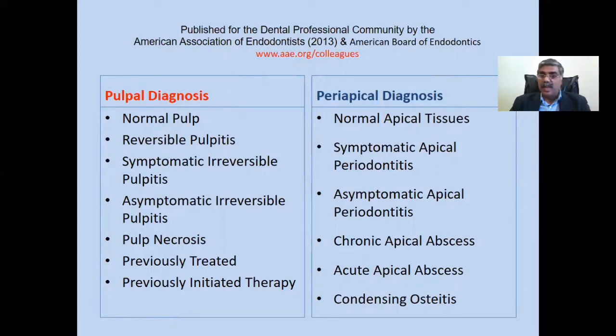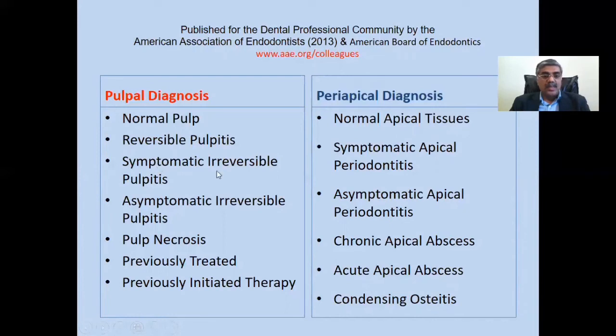So what is reversible pulpitis? When a thermal stimulus in the form of cold or heat is applied, there will be a transient painful response which will last for a few seconds and then subside. When the stimulus is removed, usually the pain response will subside. Then we diagnose that as reversible pulpitis.